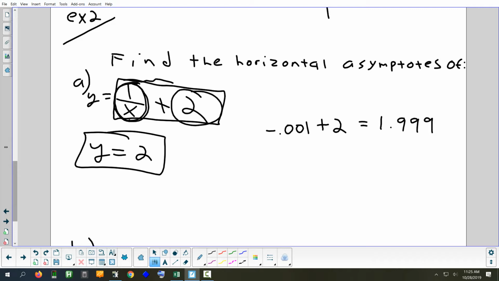So if you plug in a big negative number, you're going to get a number that's extremely close to 2, but a little smaller. If you plug in a really big positive number, like 1,000, you're going to get 0.001 plus 2, 2.001. So really close to 2, but just a little bigger. Right? But you're getting an answer that's pretty close to 2. And that's your horizontal asymptote.